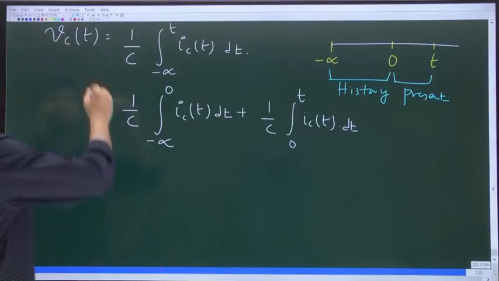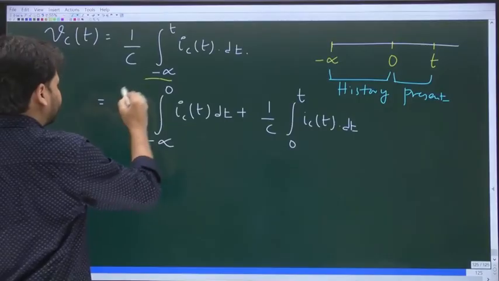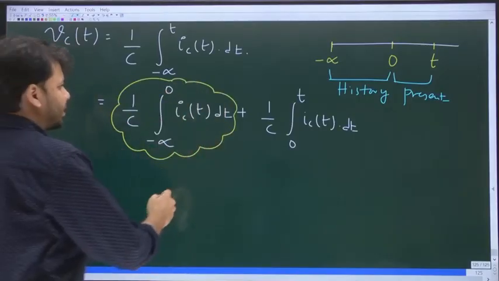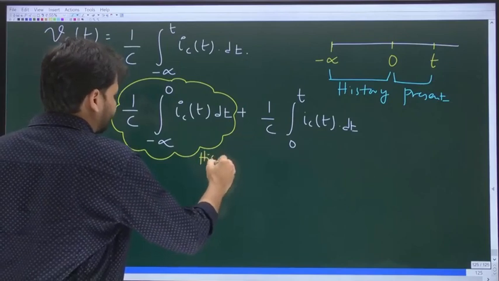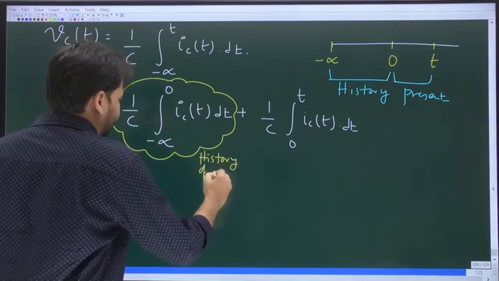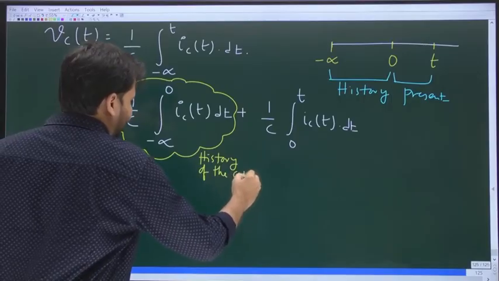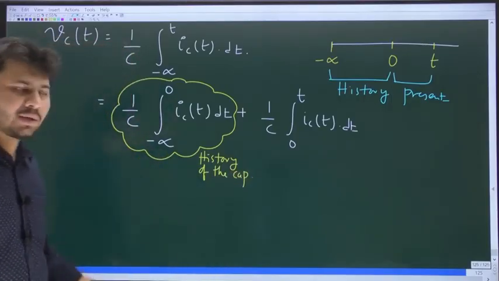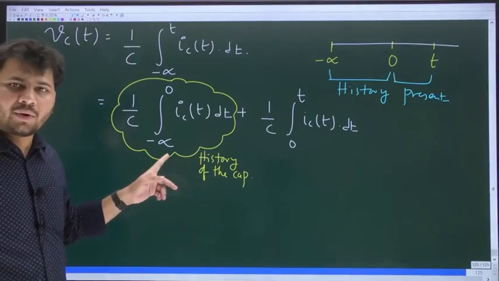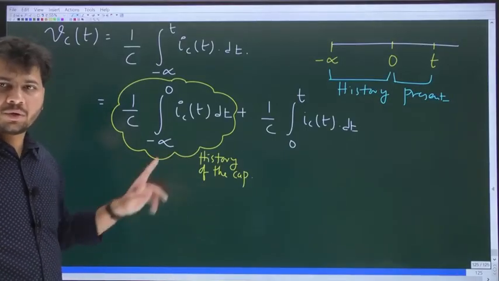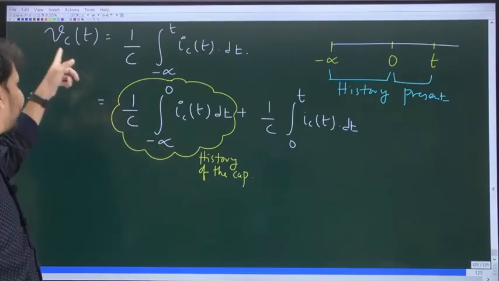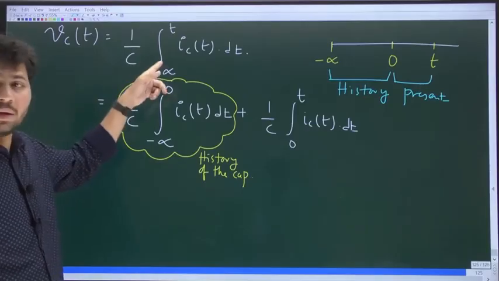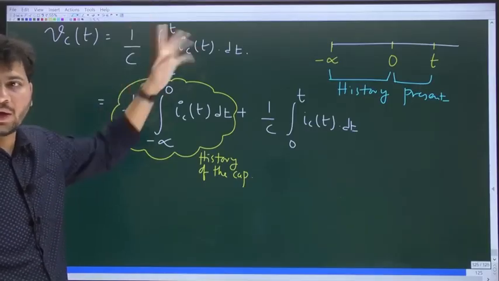So the point is, this term will represent the history of the capacitor. In fact, how do you get only the first term? Take the original equation for Vc of t, which is 1 by c integral minus infinity up to t Ic of t dt.